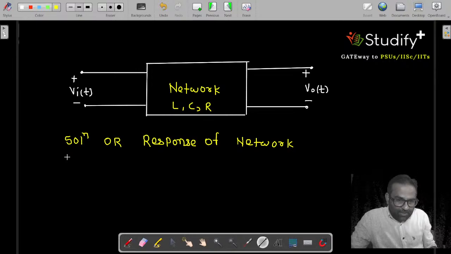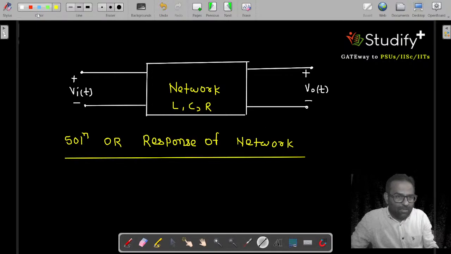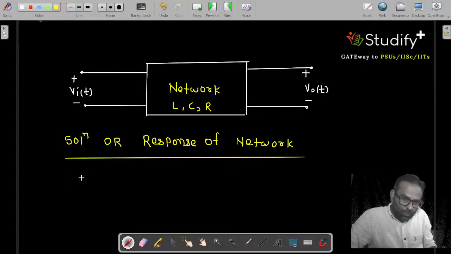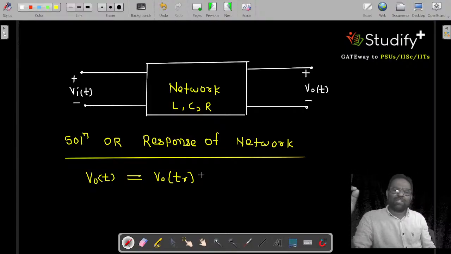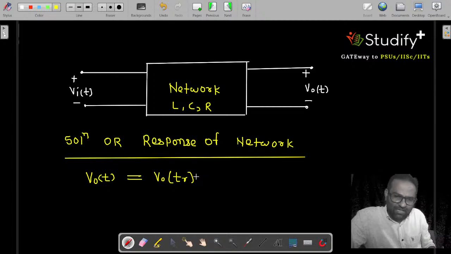So whenever you are having energy storing element in the circuit, the output of the circuit can be divided into two parts. The first part is known as the transient solution. And another solution is known as steady state solution.